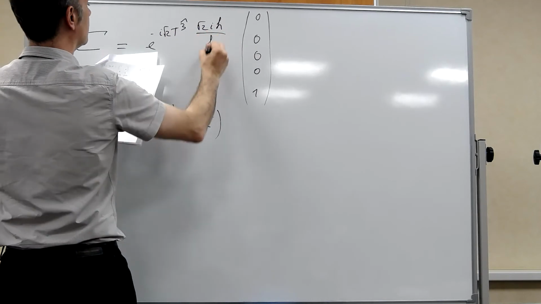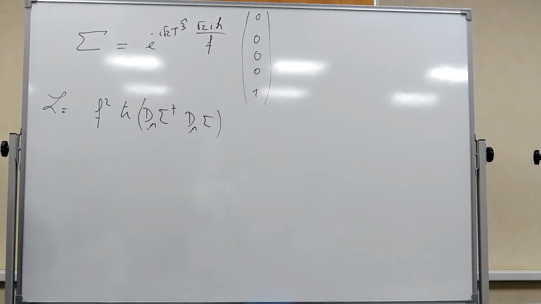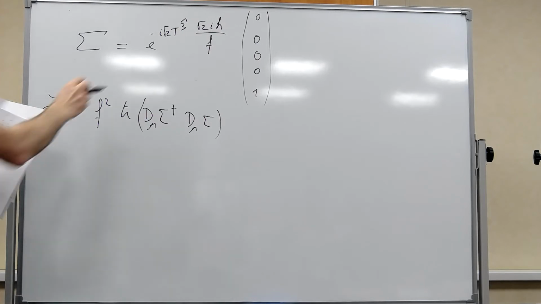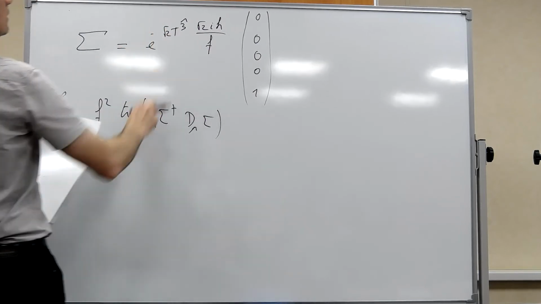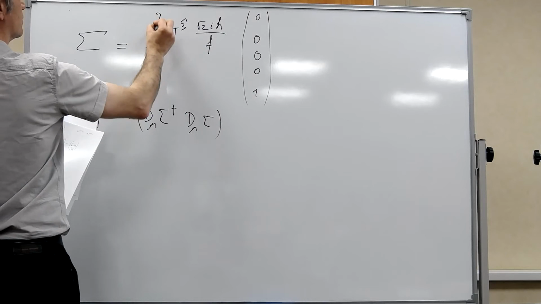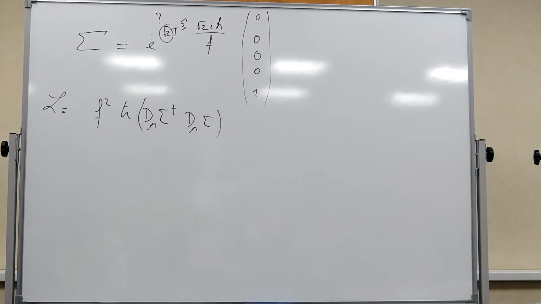So that was the standard model Lagrangian. And here this is the Lagrangian of this minimal composite Higgs model, MCHM. So you see some difference, right?